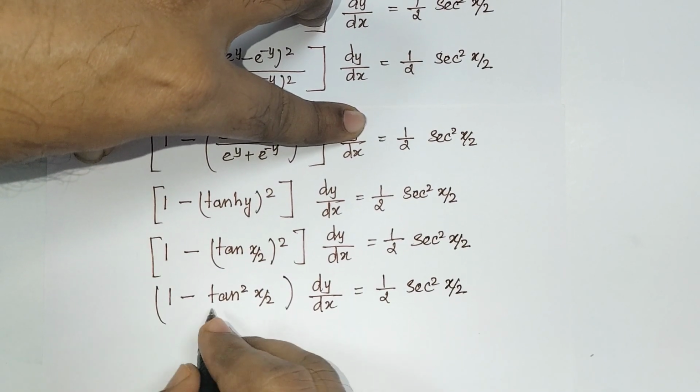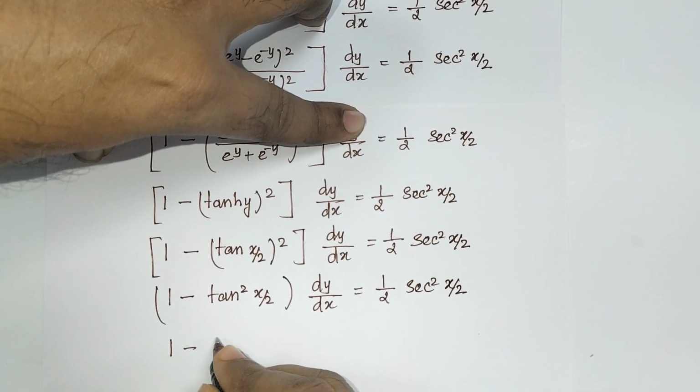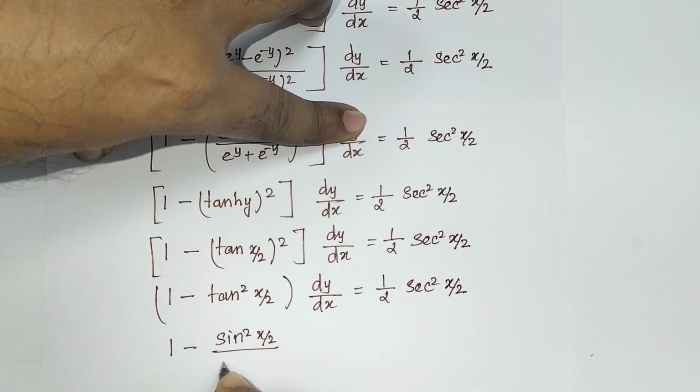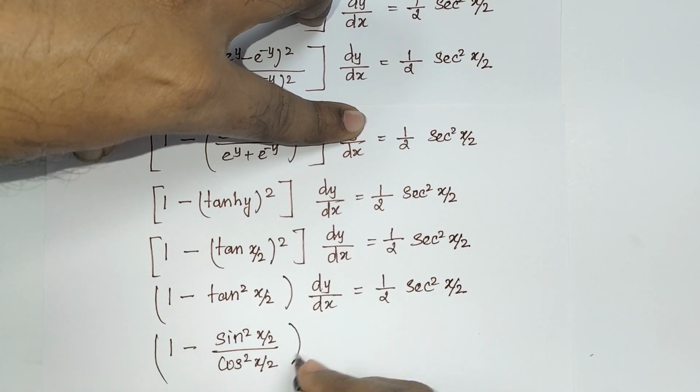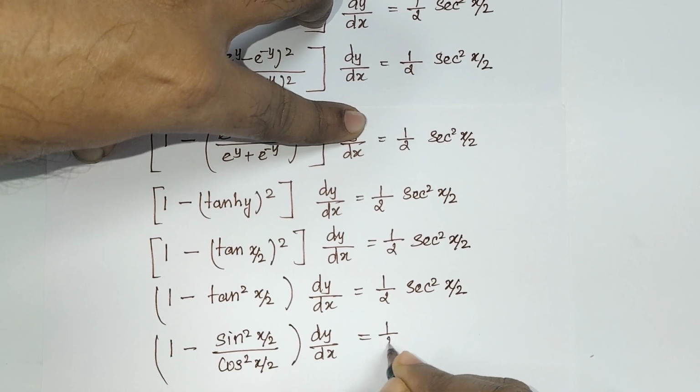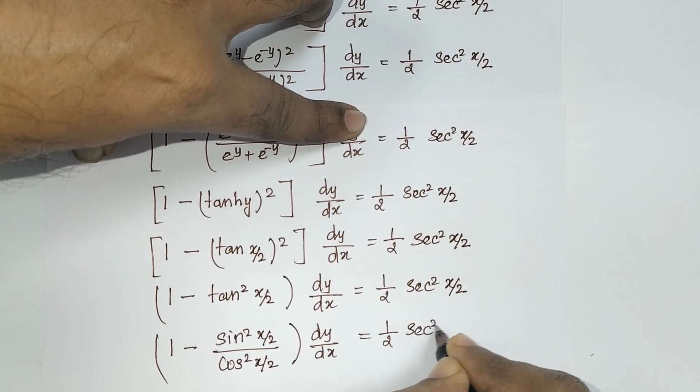Okay, this tan square x by 2 I'll write sin square x by 2 divided by cos square x by 2 into dy by dx is equal to 1 by 2 secant square x by 2.